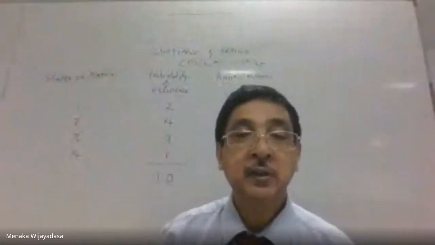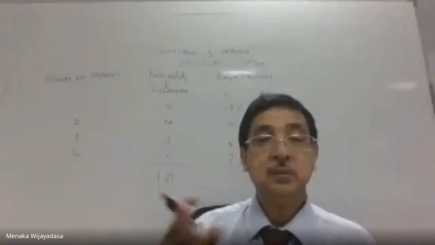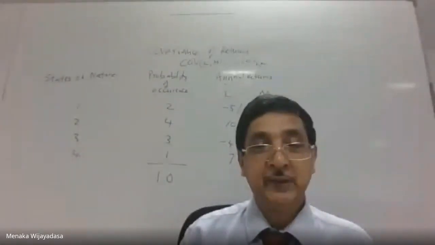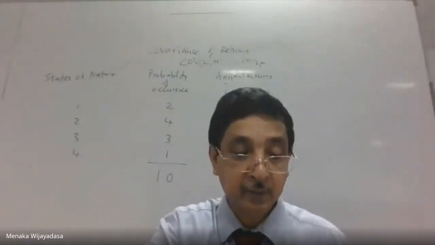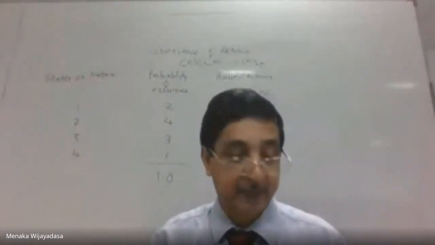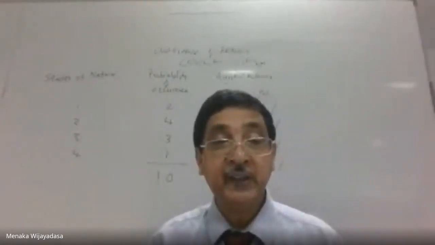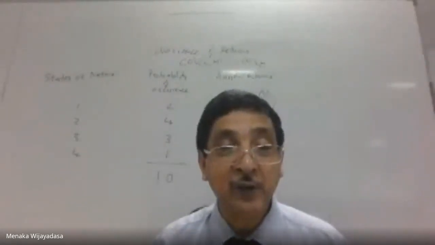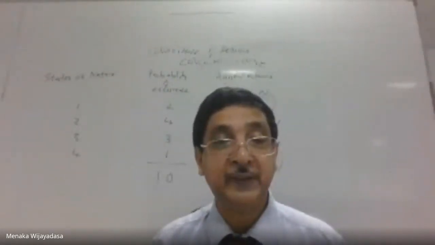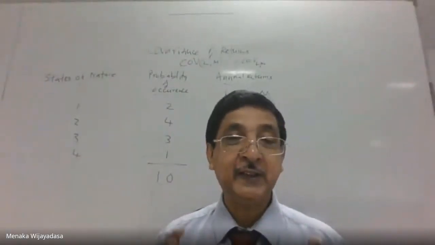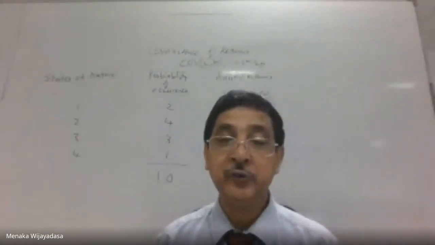These are the two ways of giving the symbol for covariance. Either you can write COV and within brackets you can say L, M, or you can write COV with L, M in subscript. You can see it on the board. So that is the symbol given for covariance.